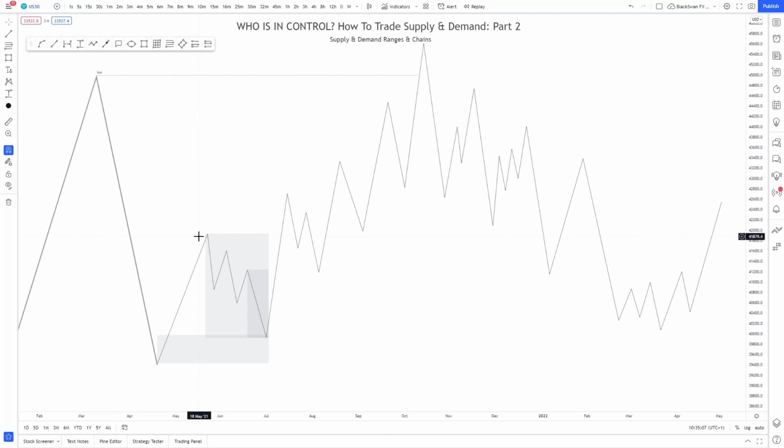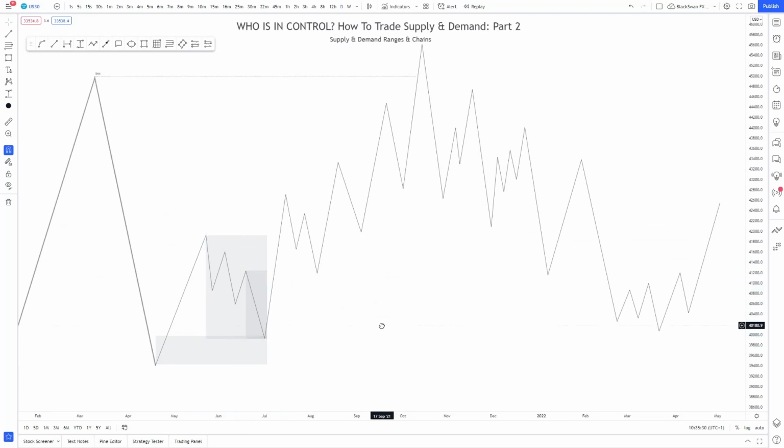You want to see these ranges being created, and sometimes price is just going to mitigate the range. This is what is really important about demand ranges and tying them in with your overall narrative of price. Say price brought up here. We have two ranges here, this range and this range.